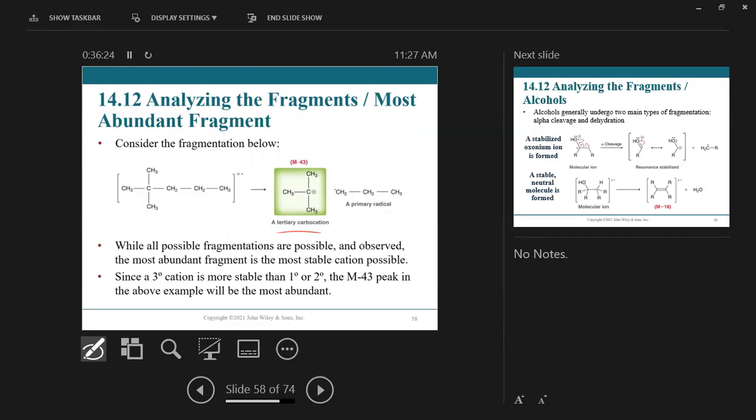And this would be 43 because you can count 12, and then each one would be 15.